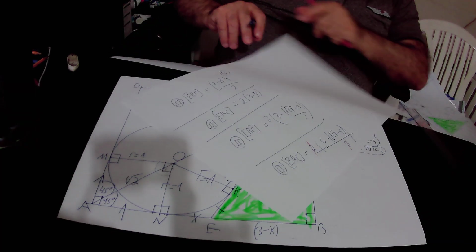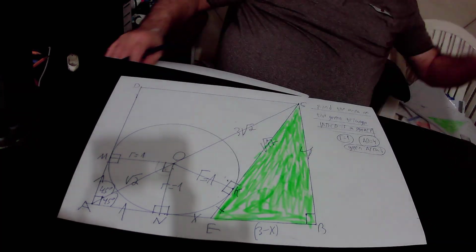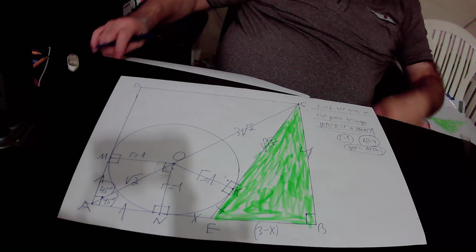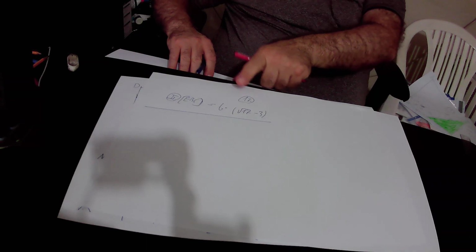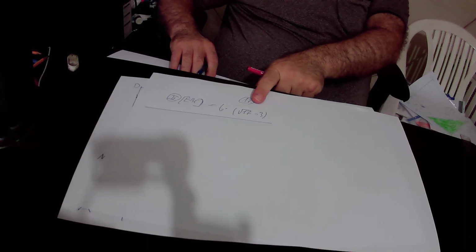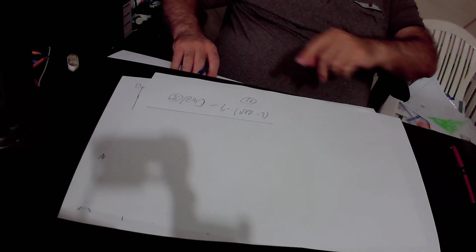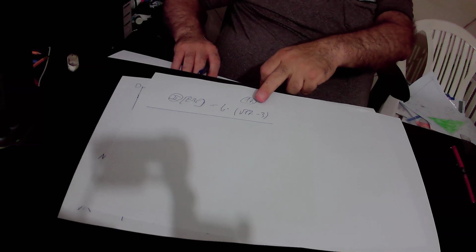So we found out that the area of the right green triangle, triangle EBC, equals 6 minus square root of 17 minus 3. So here we will open the brackets.